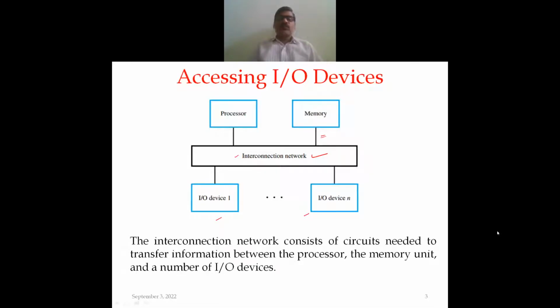The interconnection network consists of circuits which are needed to transfer information between the processor, the memory unit and the IO devices.